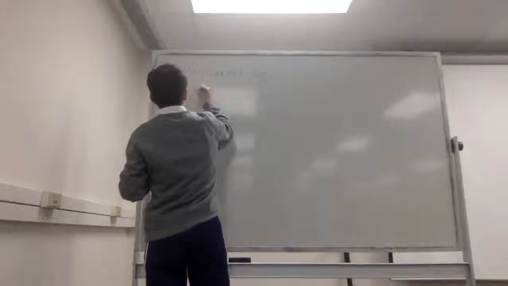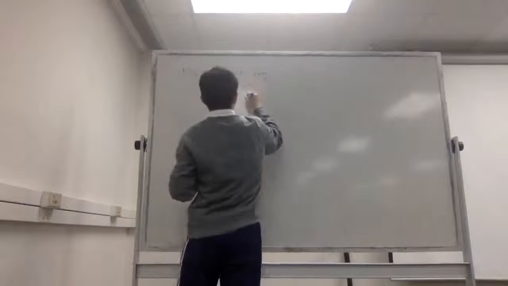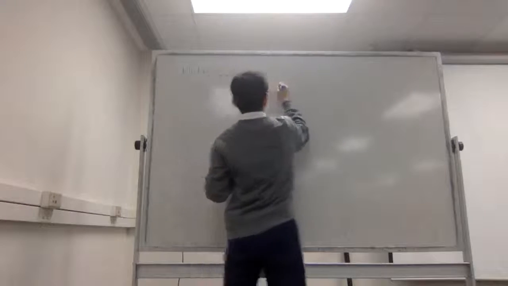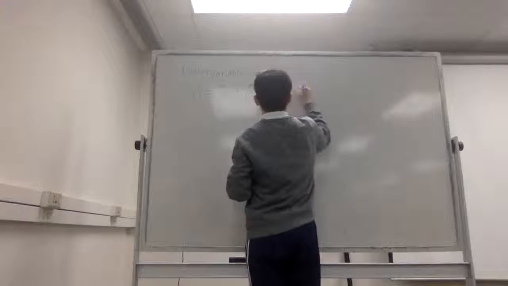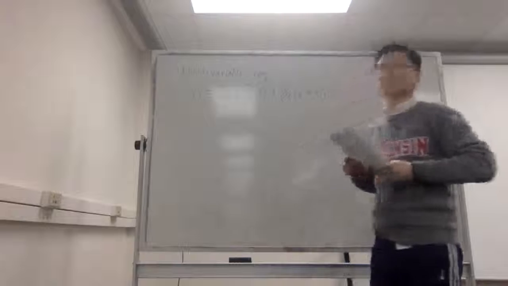So now, the y variable is the combination of beta 0, beta 1 hat x1, beta 2 hat x2, and e_i.